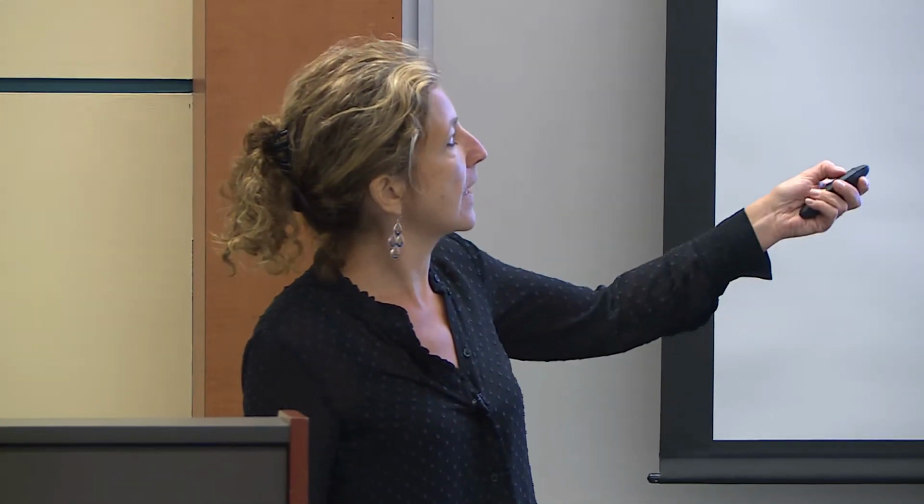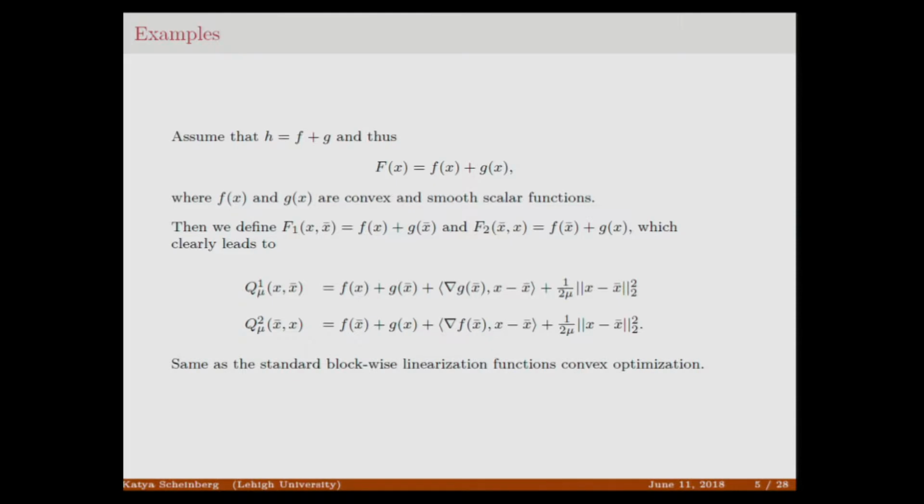The first example, just to set where we are, is the standard sum of two objective functions. If you just have the sum of two nice convex functions that we're trying to optimize, then these two quadratic functions are nothing else but the classical alternating linearization approximation, where the first function is fixed and you take the gradient of the second.